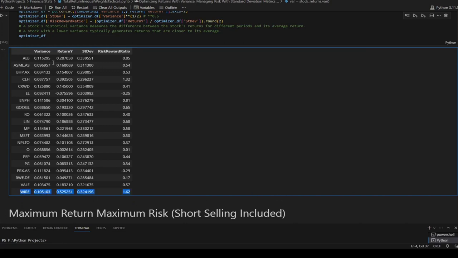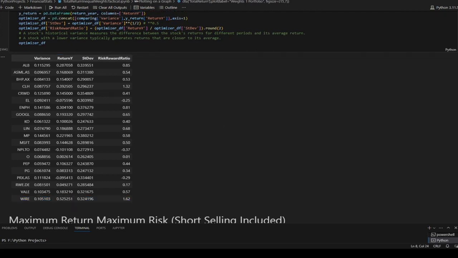But if the next year Wire goes down and blows up, for example, and you have 30% in Wire, your whole portfolio blows up. So for that, it's always good to check for yourself and to adjust it to your own expectations of that particular stock. But in further videos, we will calculate the efficient frontier.